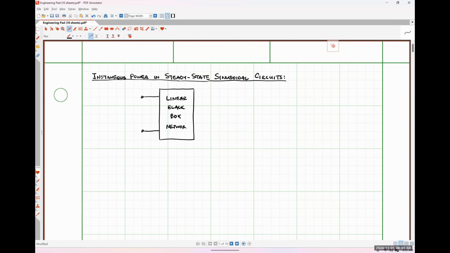So only containing resistors, capacitors, and inductors, possibly current sources, voltage sources, but no nonlinear circuit elements like transistors or anything like that, which we've never used in this class anyway. So nothing remotely new here, okay?